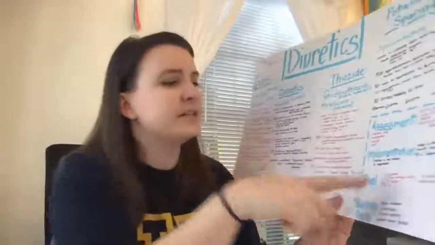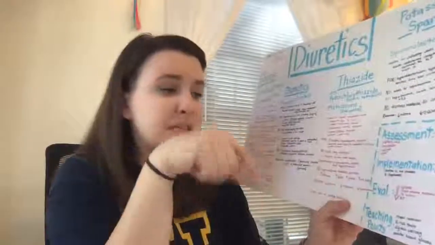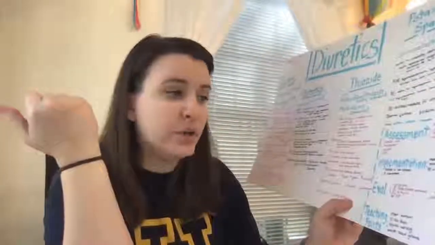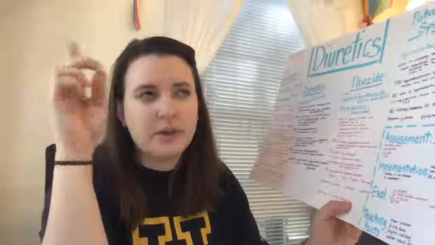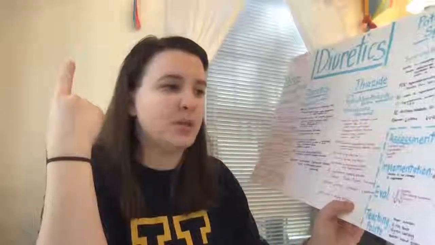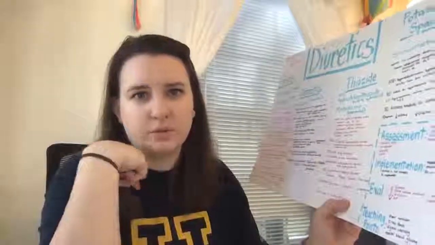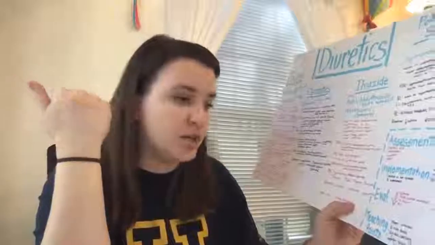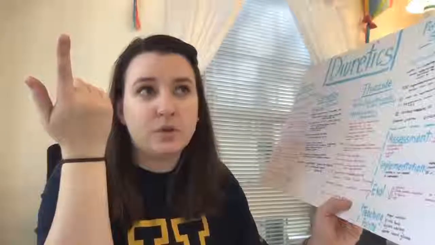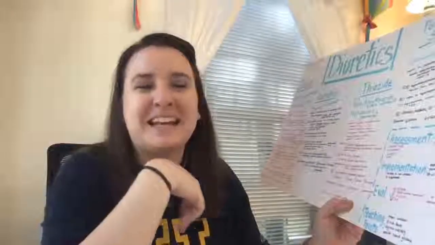Evaluation for diuretics: you're going to want to see a decrease of edema, fluid volume overload, heart failure, and blood pressure, and you're going to want to see if they have increased intraocular pressure, that it would be returning to normal. Those are for the patients with glaucoma. Teaching points would include proper nutrition, eating potassium-rich foods, not vitamin K. I just have K written right here.